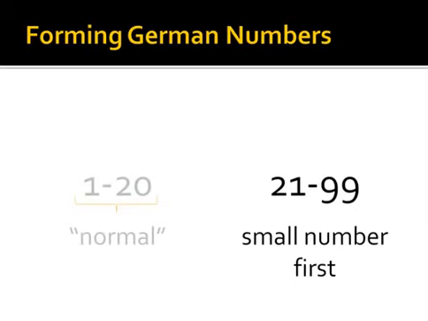And this is true for any number that uses hundreds or thousands. We start with the highest number, 1,000, go down to the second highest number, hundreds. But once we get to the numbers that are between 21 and 99, the small number comes first.